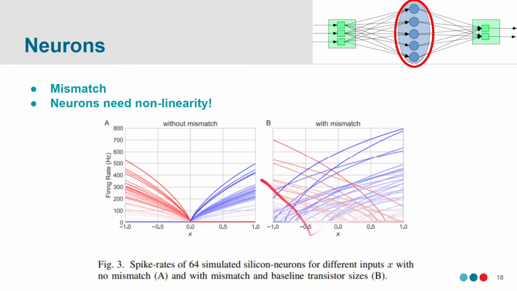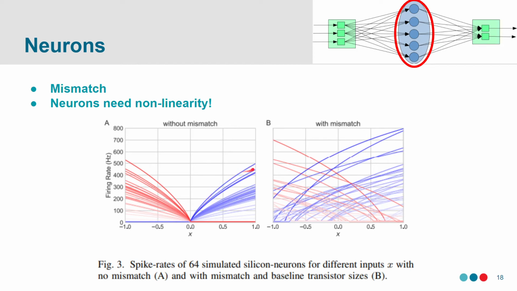So if I imagined all of my manufacturing was perfect and there was no mismatch whatsoever, I would get something like this. Each of these curves is a different neuron. The x-axis is what the value is that I'm injecting in it right now. And I'm holding that input constant for a while and seeing what my firing rate from the neuron is. For neurons that are close to the tap point, I'm going to get something like this line here.